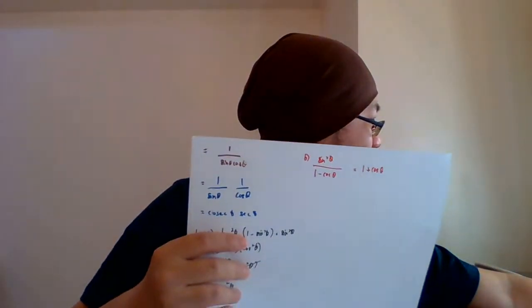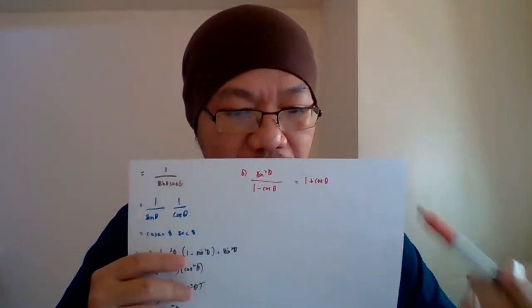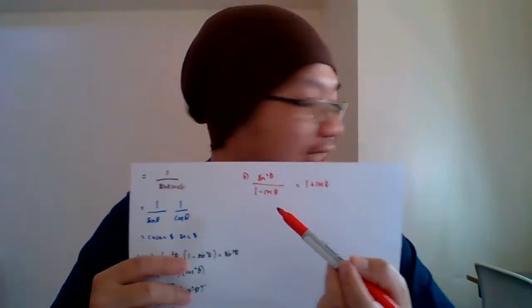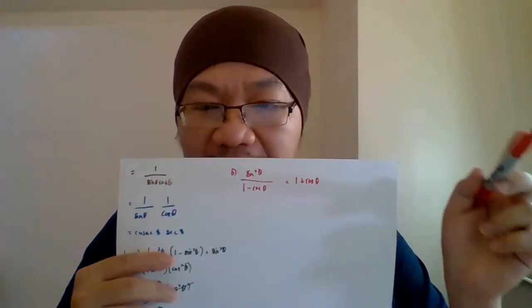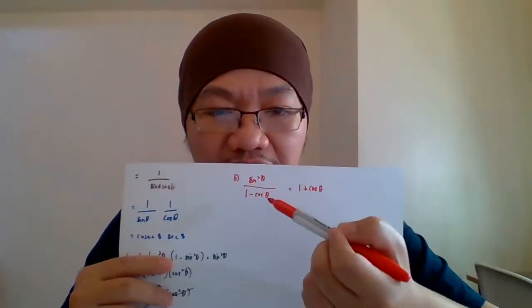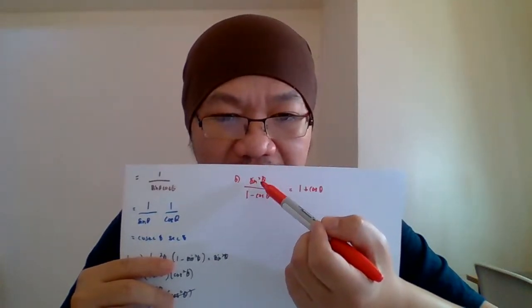You have to look at them. So sine squared theta, how do we convert it here? If you look at the first identity, sine squared plus cos squared theta equals 1. So from there we can find that sine squared theta actually equals 1 minus cos squared theta.